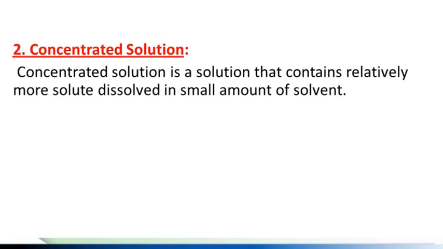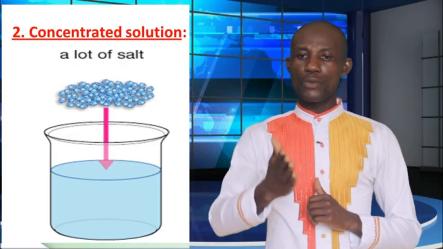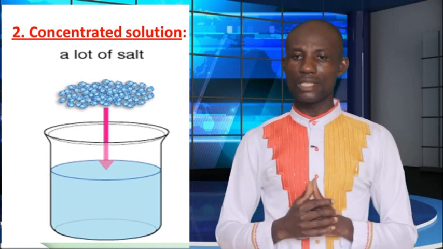A concentrated solution, as the name suggests, is a solution that contains relatively more solutes dissolved in a small amount of solvent. Now let's look at the illustration here. Here we are using the same amount as used in the dilute solution.